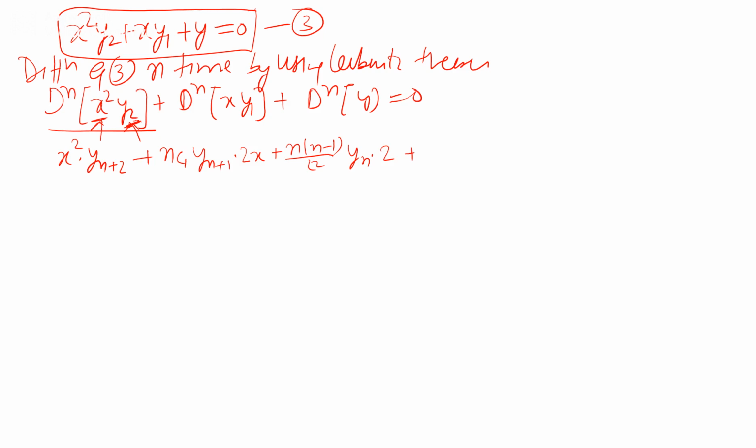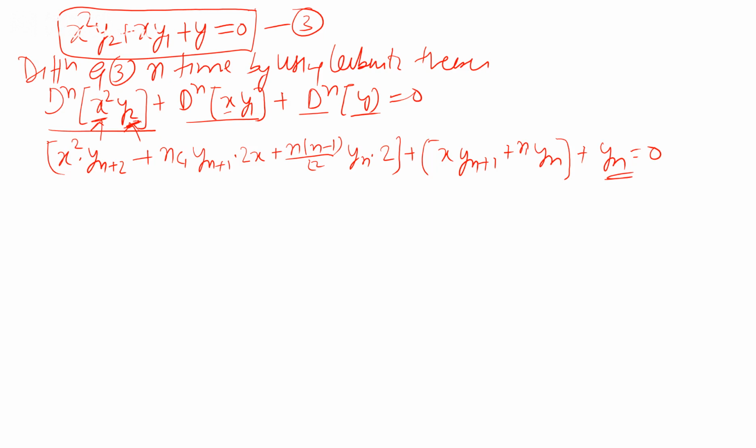Now take the second term: x y_{n+1} plus nC1, we get n y_n and the 1-time derivative of x is 1. And the last term we just write y_n, the n-time derivative of y.